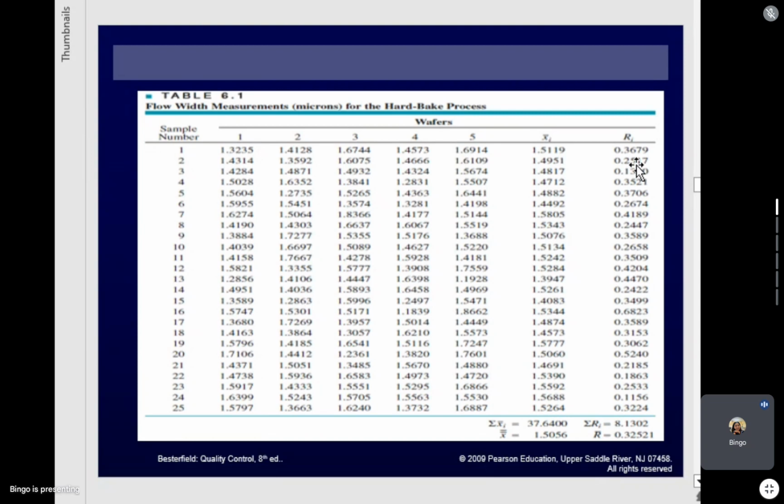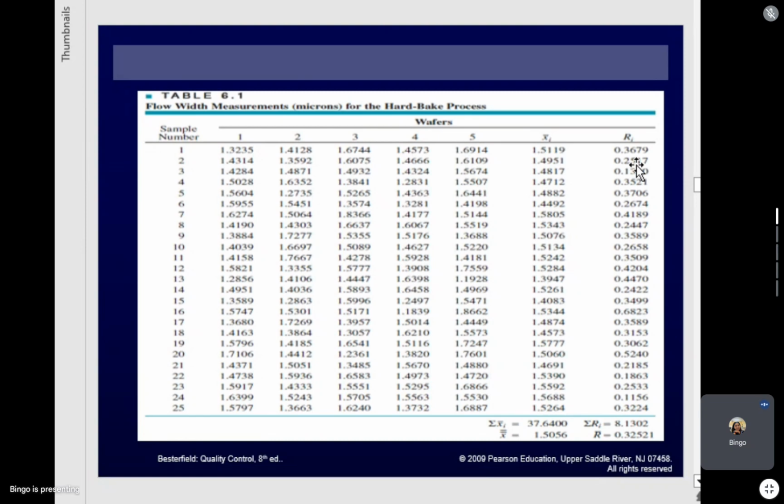Say for example, for sample number 1, tingnan nga natin. So 1.3235 plus 1.4128 plus 1.6744 plus 1.4573. Tama ba yung pinindot ko? Parang mali. 1.6744, 1.4573 plus 1.6914.